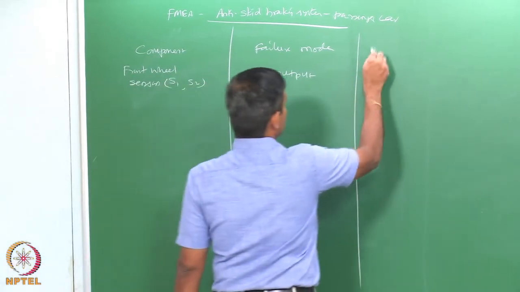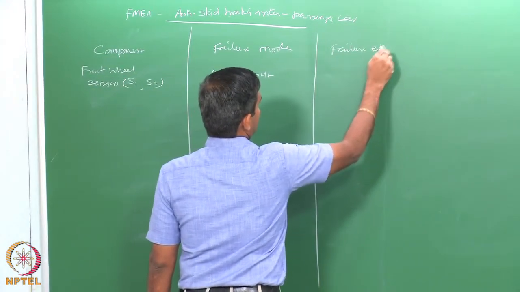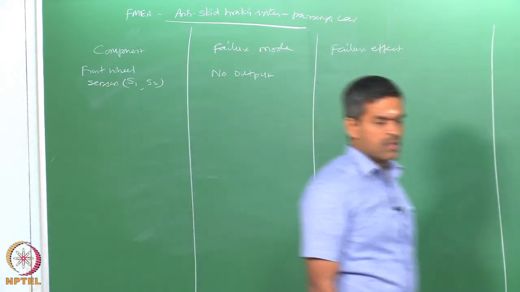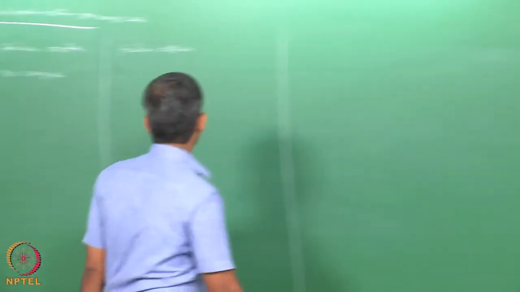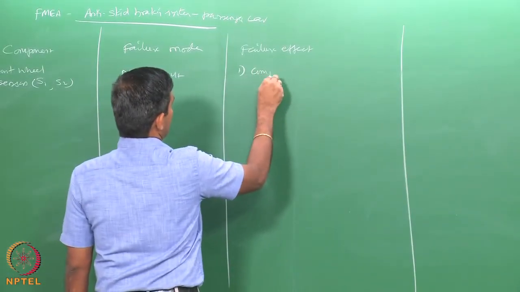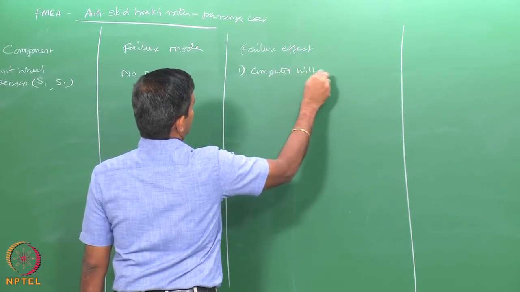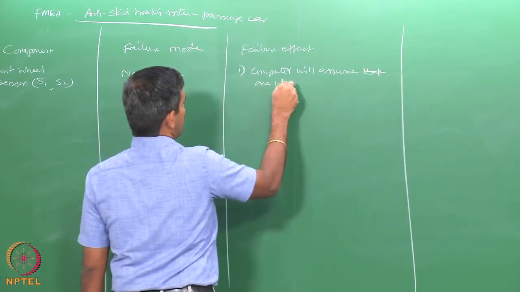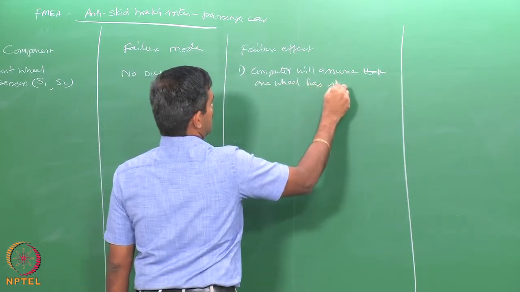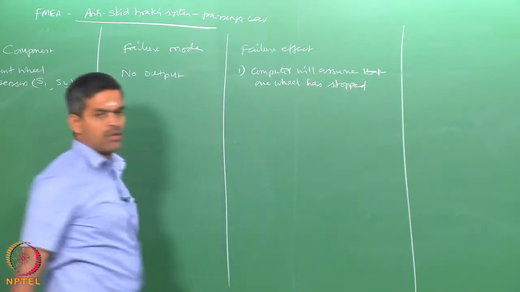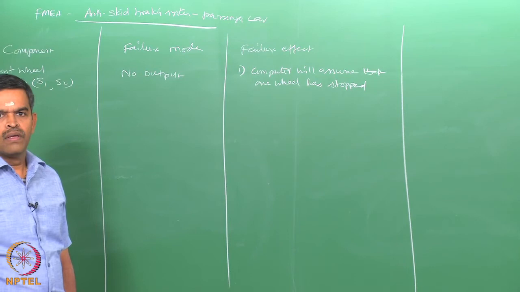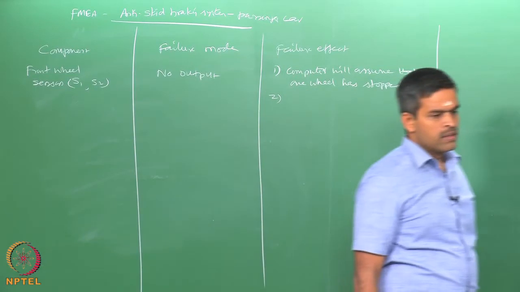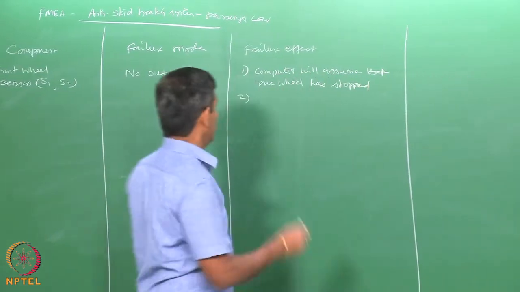The failure effect, which can be a consequence arising from no output from the sensor, can be that the computer will assume that one wheel has stopped. That can be a possibility because there is no output from the sensor. Therefore, it sends a signal to open the relief valve.